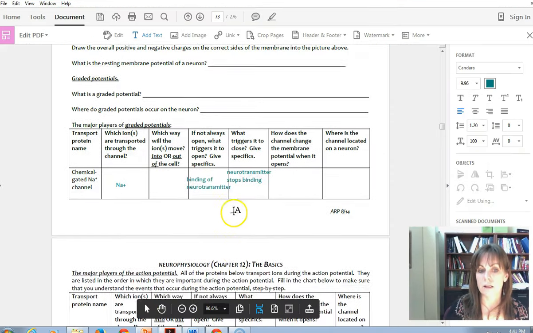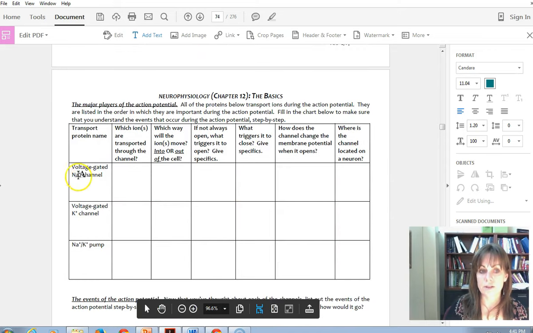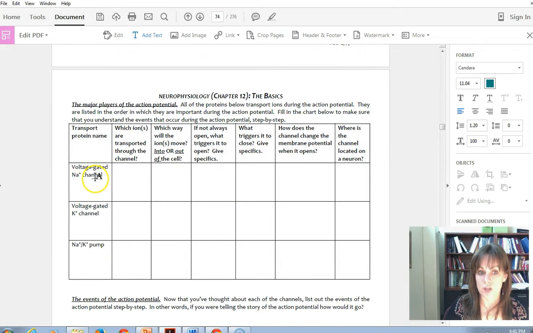Let's see if we can fill in a couple more. Here we've got the voltage gated sodium channel. Which ion travels through the channel? Sodium again. We'll come back to the second column. But here, if not always open, what triggers it to open? Well, voltage. We're going to come back and put in some more specifics for the values of the specific voltage that opens and the specific voltage that closes.